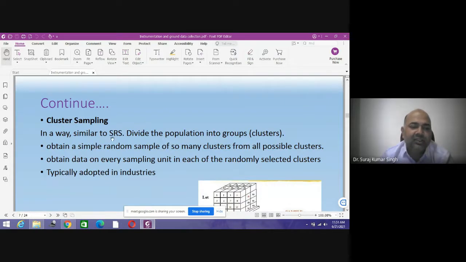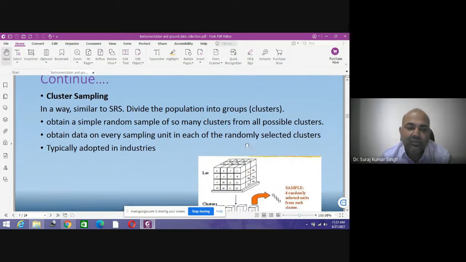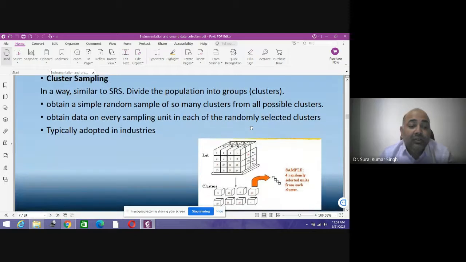The next one is cluster sampling. Cluster sampling is similar to systematic random sampling, dividing the population into groups, like we have done earlier, into clusters, and it obtains a simple random sample of so many clusters from all possible clusters. Obtain data on every sampling unit in each of the randomly selected clusters, typically adopted in industry.